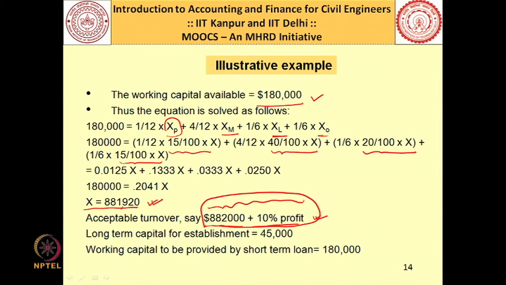Now, you can see the company has also established how much it will mobilize from which sources. So, 45,000 is needed for long term. So, this is the long term capital for establishment, and 180,000 they are trying to get it through short term loans. So, this also is quite important.